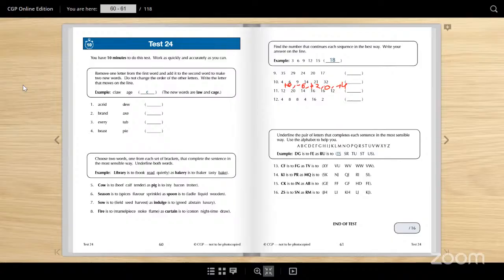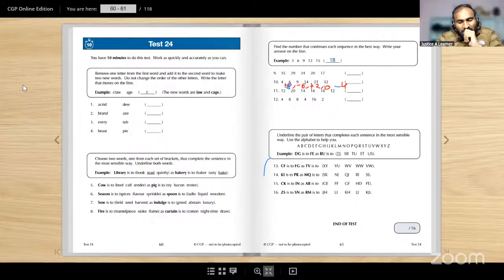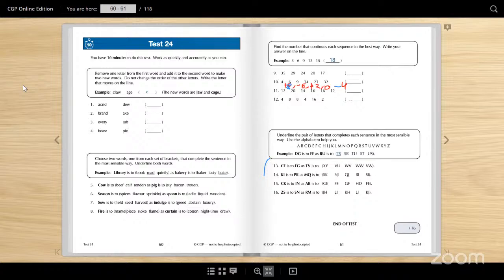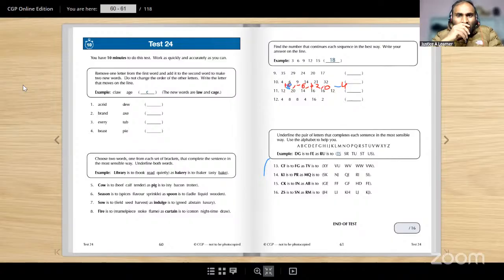Weird, because it's not +4, it's take away 4. The 11th question you're doing, right? So what pattern have you observed? Nothing. It's not really a pattern.